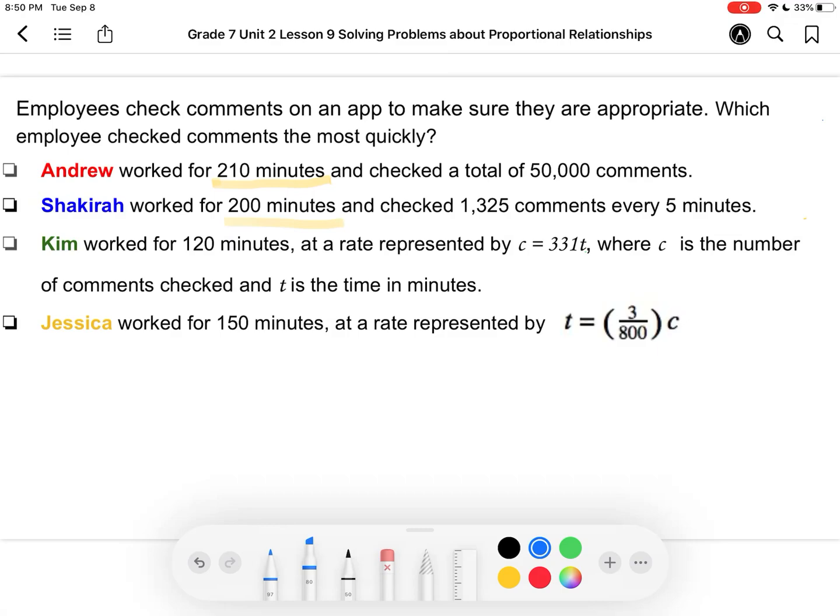Comments per minute. And let's look at Andrew first. Andrew worked for 210 minutes and checked a total of 50,000 comments.